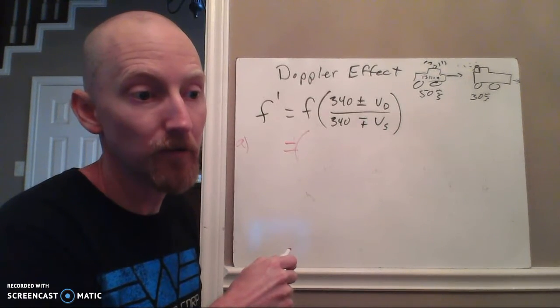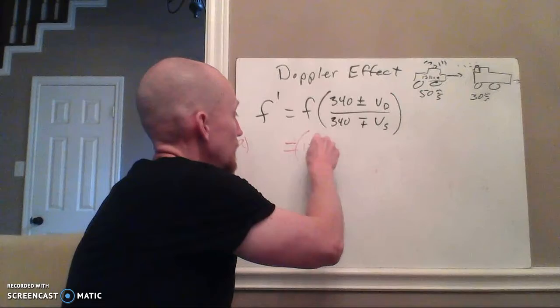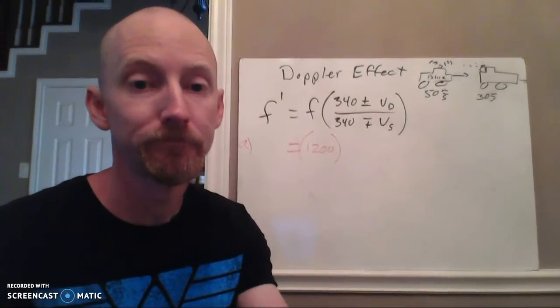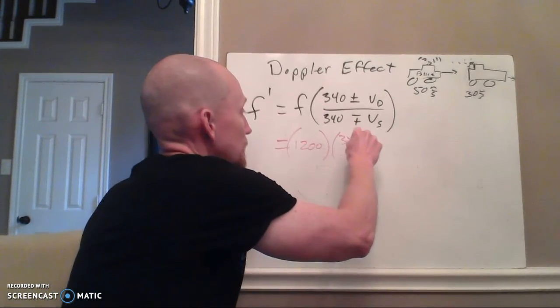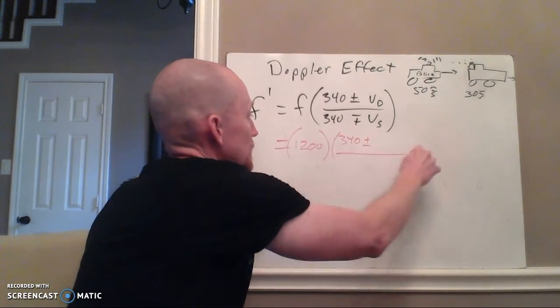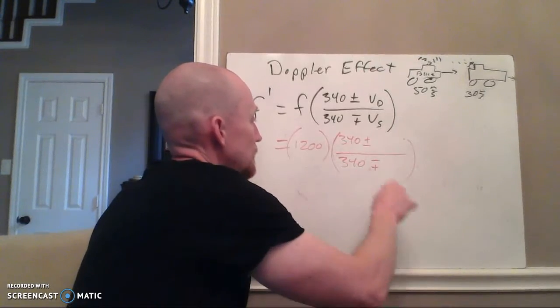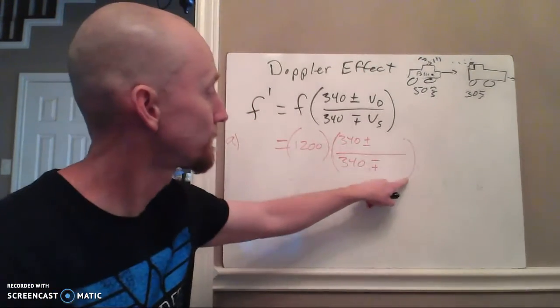And the sound is the siren from the cop car, and the problem tells us that it's 1200 hertz, right? Okay, I'm going to go ahead and set up the next part. There we go. Pretty much looks the same every problem.